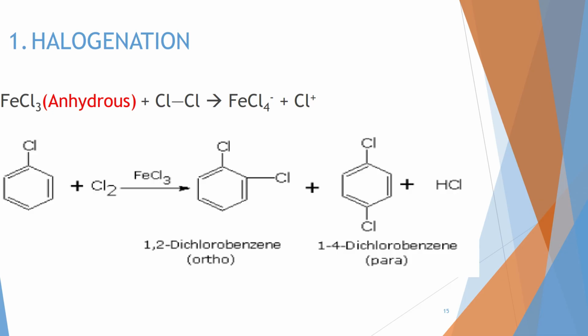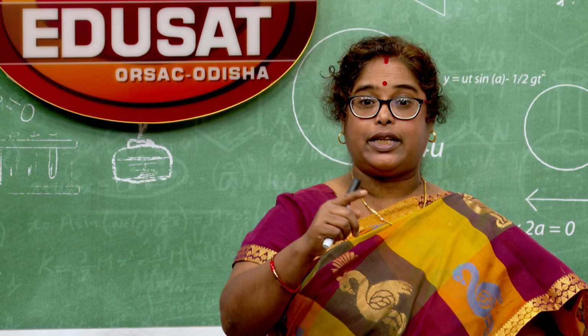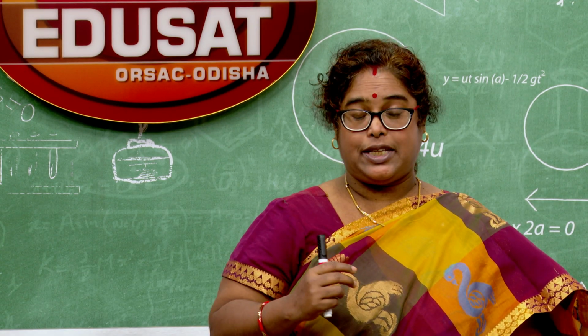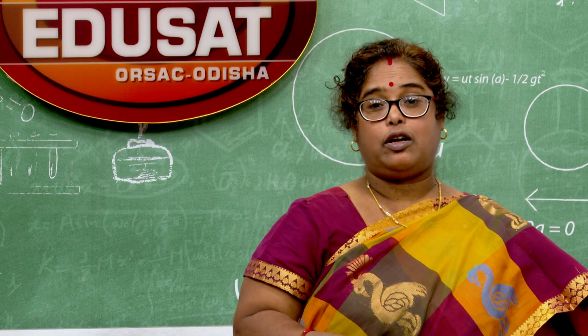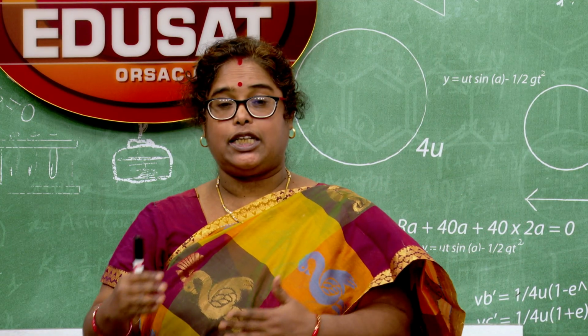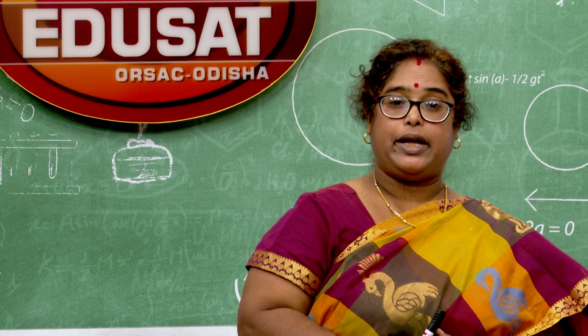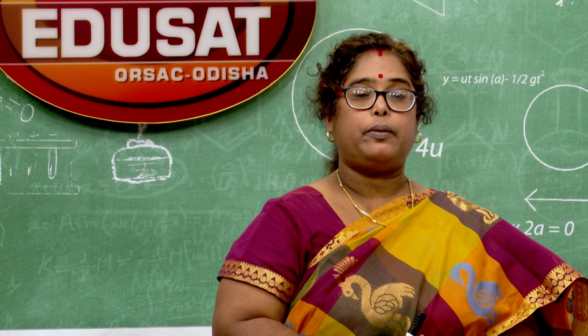What do you mean by steric hindrance? In the first case, the two Cl atoms are present side by side, but in the second case they are present apart from each other. So, the para product is more stable in comparison to the ortho product.